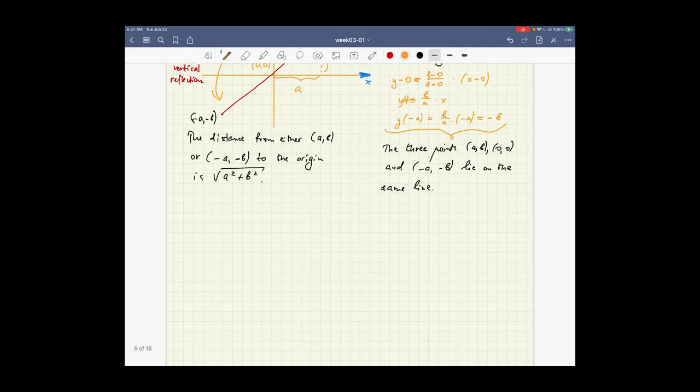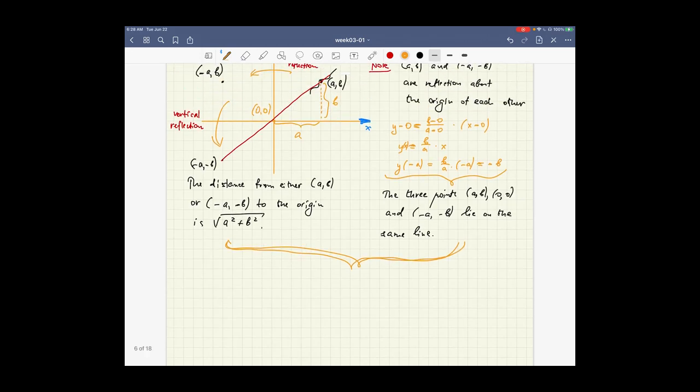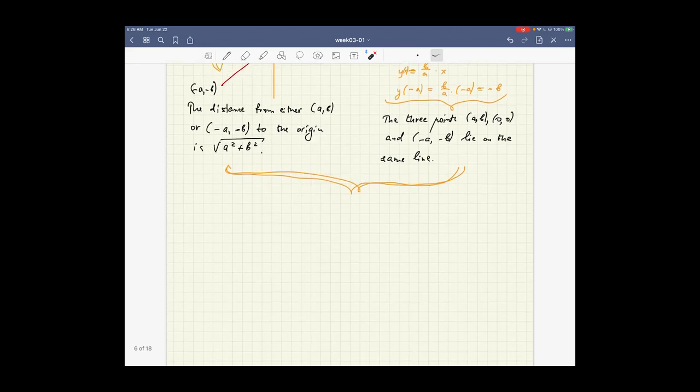Now, these two facts combined together, that the 3 points belong to the same line, and that a comma b and negative a comma negative b are equidistant from the origin, imply that a comma b and negative a comma negative b are symmetric about the origin.